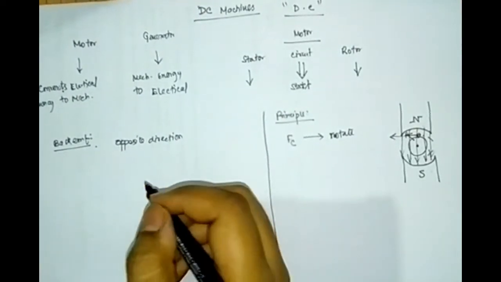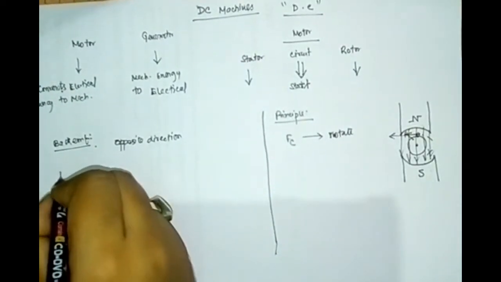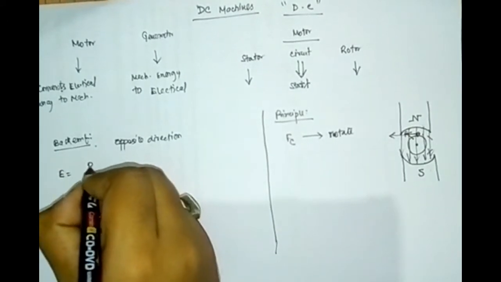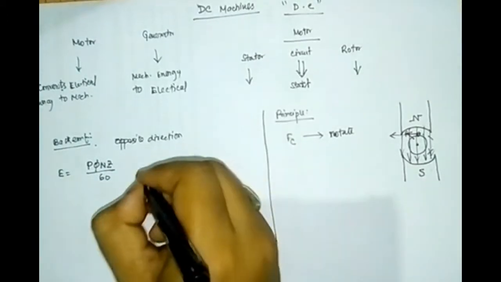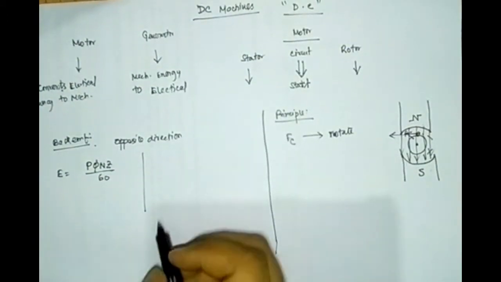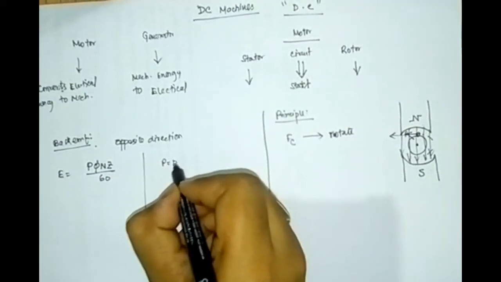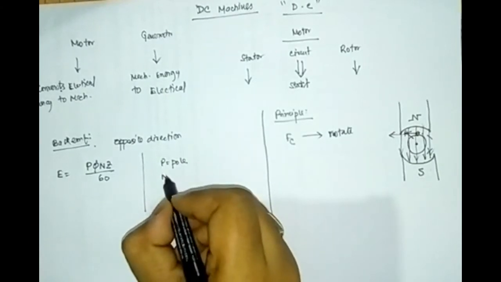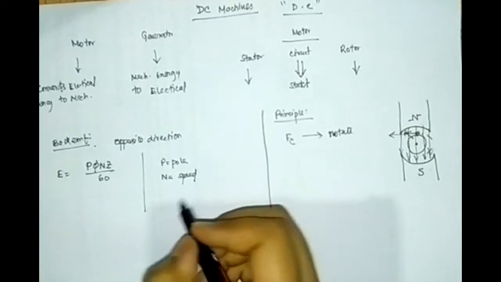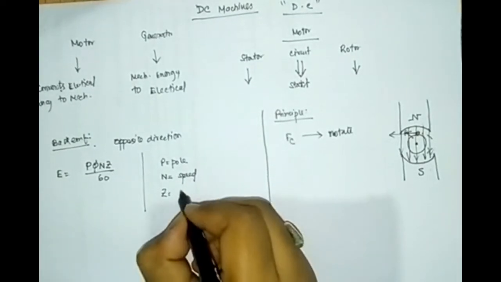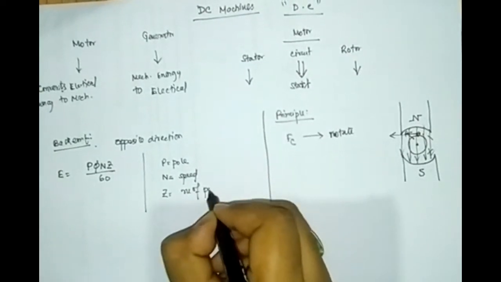And the expression of back EMF is E equals P phi N Z divided by 60. What is P? P is the number of poles. N is the speed. Z is the number of parallel paths.